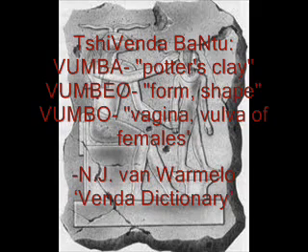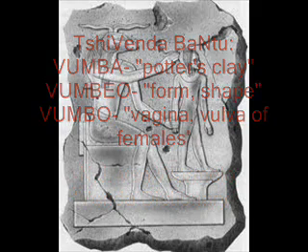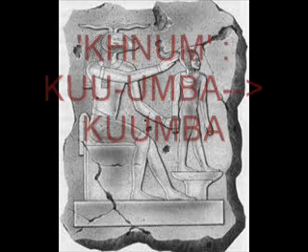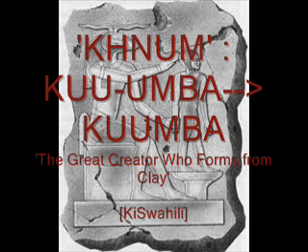I'll start off by saying the pronunciation with the word ku, meaning great, showing that it is plausible, but why I chose to also use ku, the prefix. But that ku, great, if we were to put these words together, we get kumba. And that would basically mean the great creator who forms from clay in the Kiswahili language.